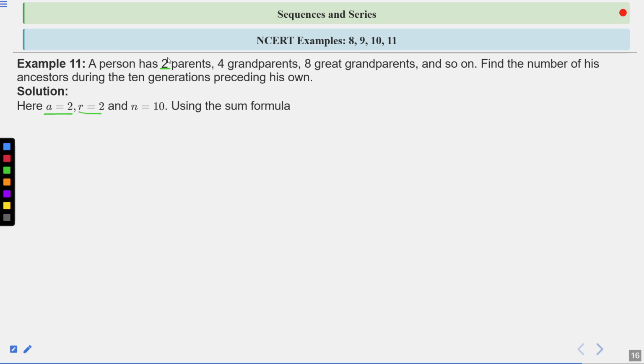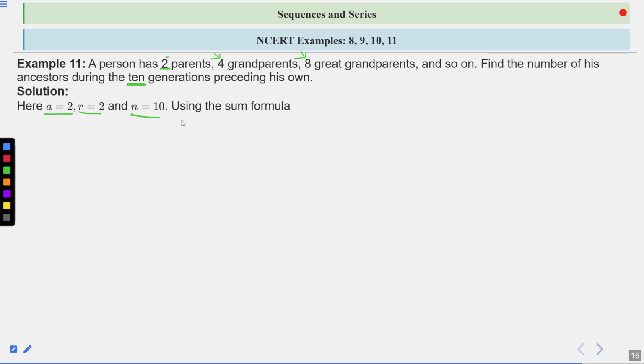So 2, then 2 times 2 is 4, then 4 times 2 is 8, then this will continue and you will get the next term as 16, and so on. Now what you want is number of ancestors during the 10 generations. Now you assume n to be 10.